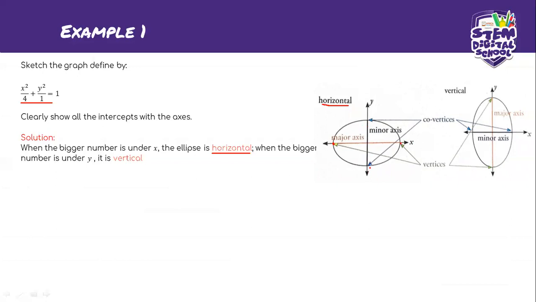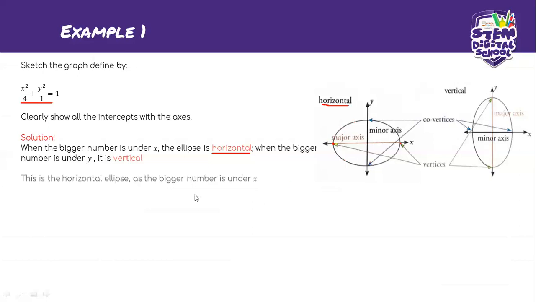Now we have agreed that this graph here is going to be horizontal. Why? Because the bigger number is under x, and that number you can see is 4 there, right? So we are going to have an ellipse which is similar to this structure here. Can you see that? All right.